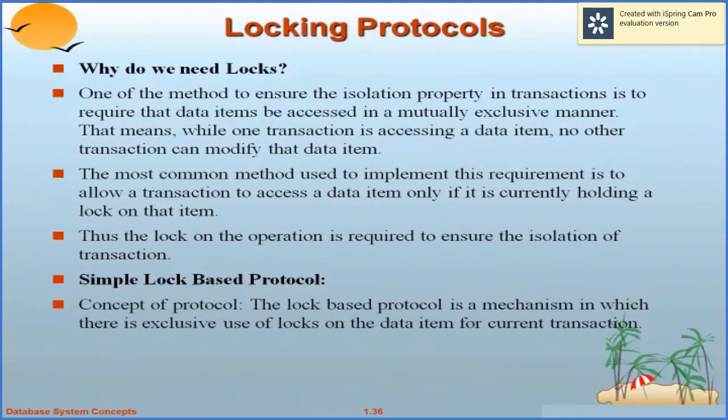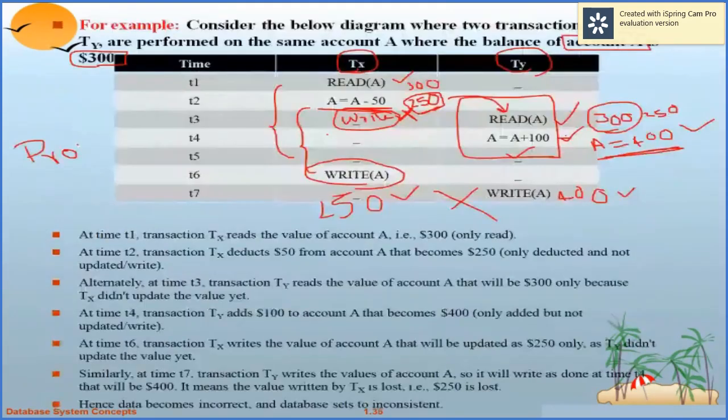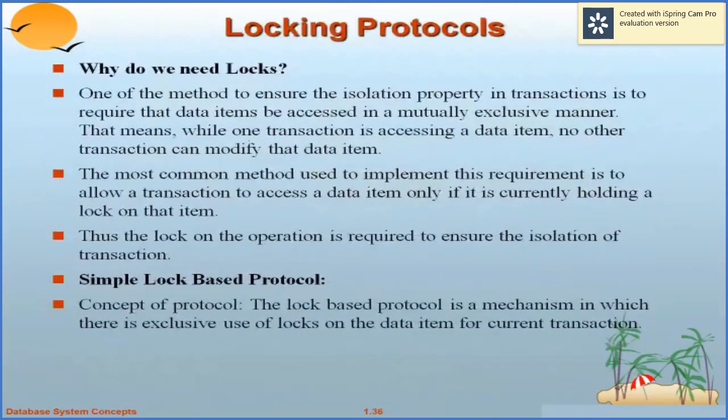Among these protocols that I spoke of just now, my first type of protocol is the locking protocol. So what does the name say? Locking. Locking doesn't mean that you're locking something and nothing is being performed over there.